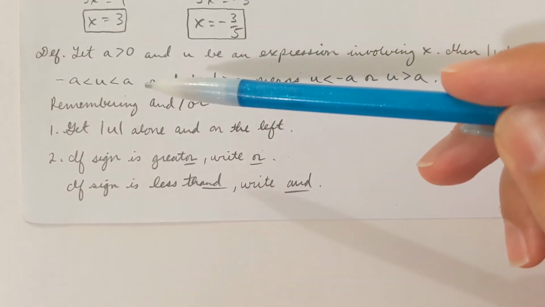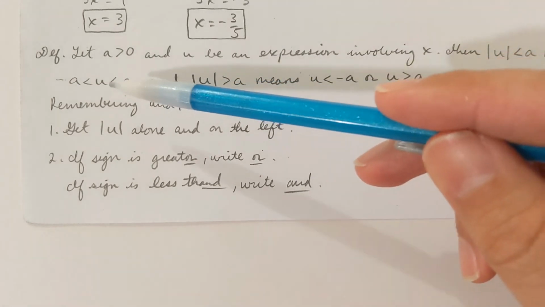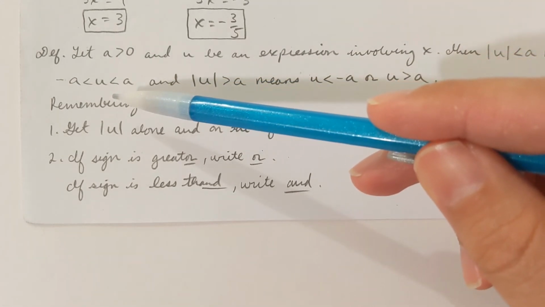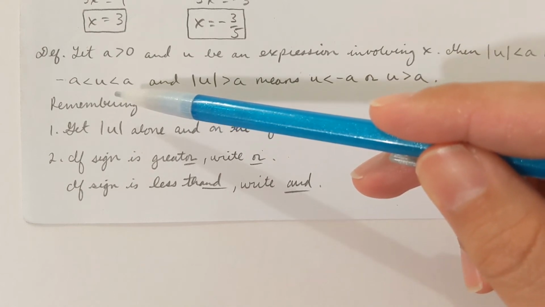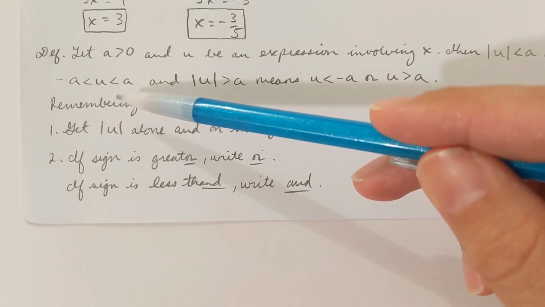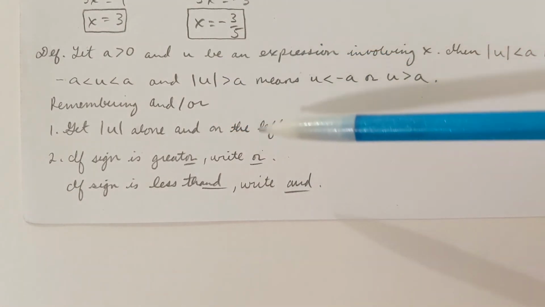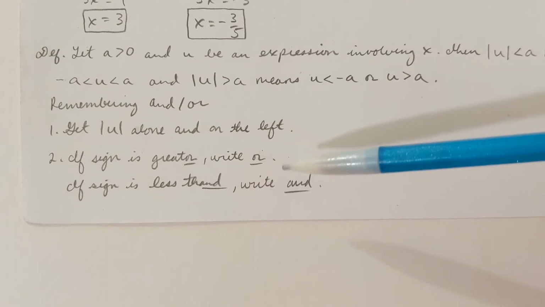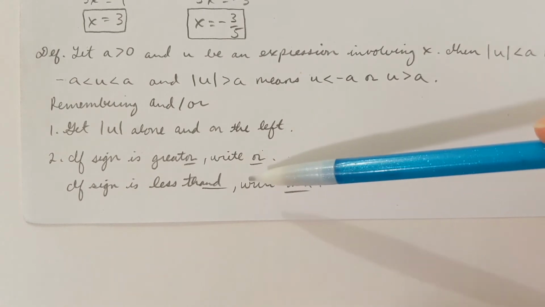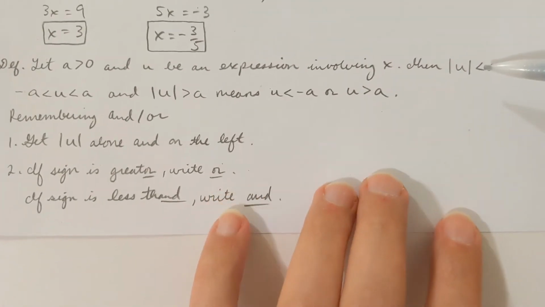And of course, if I split these two inequalities, u greater than negative a and u less than a, that means if the sign is less than, write "and."